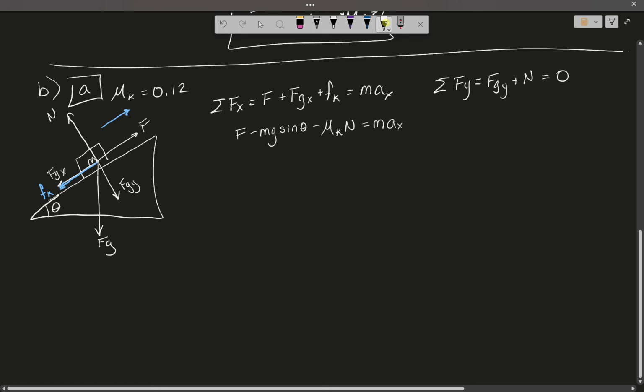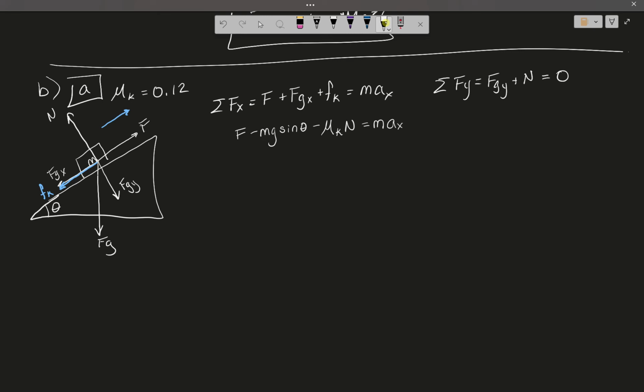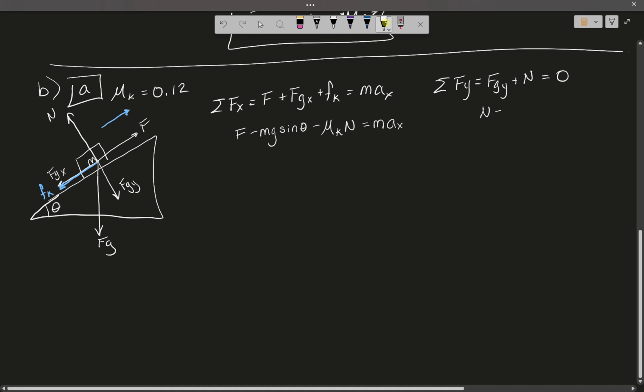I'm setting this equal to 0 because I'm also still assuming it is not going to levitate off the inclined plane or sink into the inclined plane. This means that I will have my normal force minus the force of gravity in the y direction equal to 0. I can now replace this with mg cosine of theta, and I find that my normal force is mg cosine of theta.